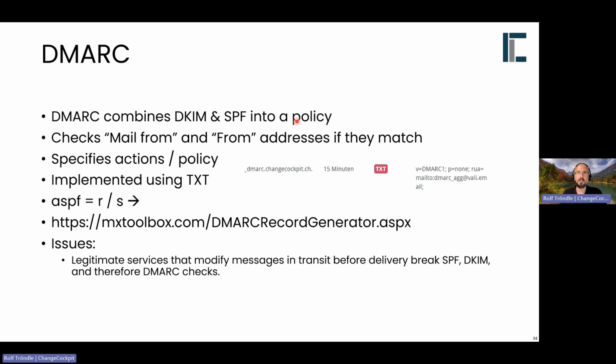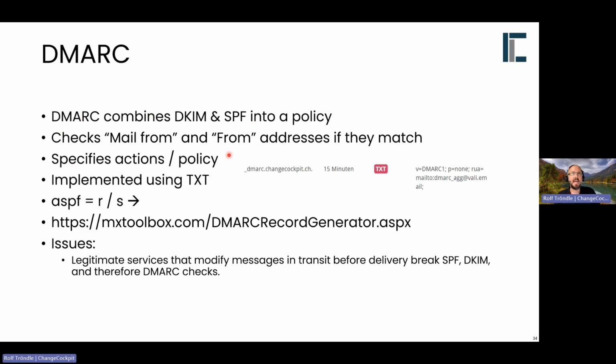If someone else impersonates your domain, let's say I want to send emails out with rolf@microsoft.com, Microsoft specifies in their DMARC record what to do. So first of all, it checks that the mail from addresses match. This issue from DKIM and SPF is solved with DMARC.